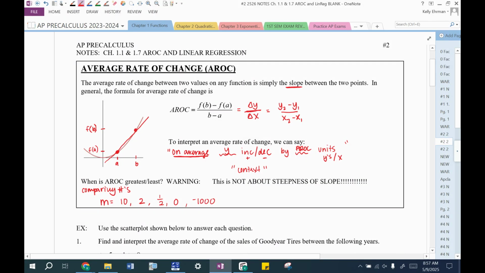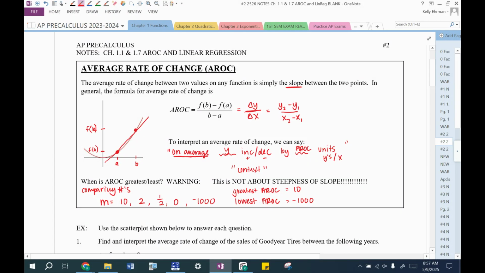All right, so where is the AROC the greatest? Well, if these are all AROCs, the greatest is just the highest number. So greatest AROC, it's not the steepest, because the steepest would be this negative 1,000, but the greatest was 10. And the lowest, which seems weird to say, is negative 1,000. It's the most negative.